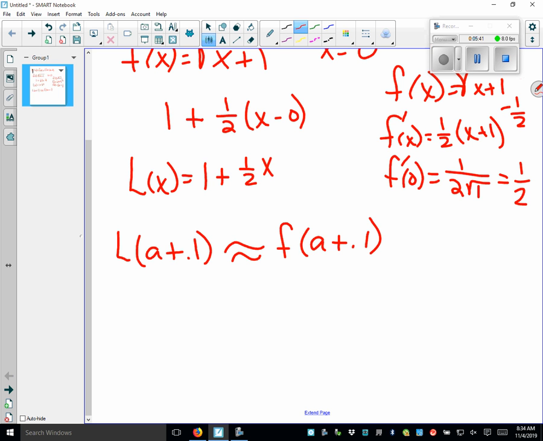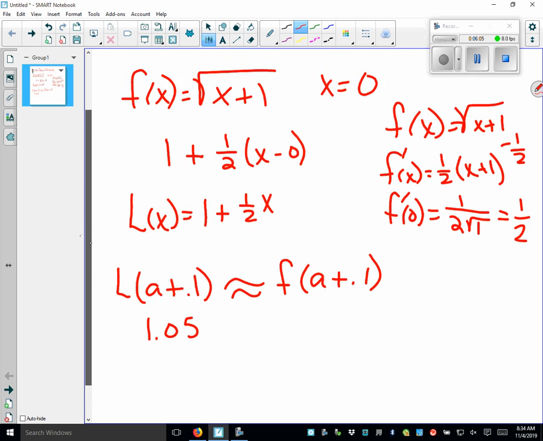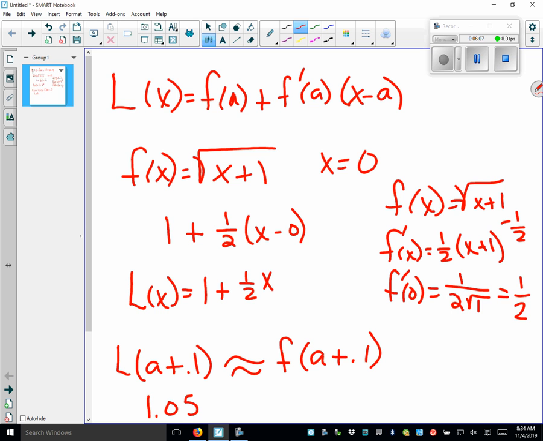1.1? 1.05. Okay, what is f of 0 plus 0.1? I go back to f here.